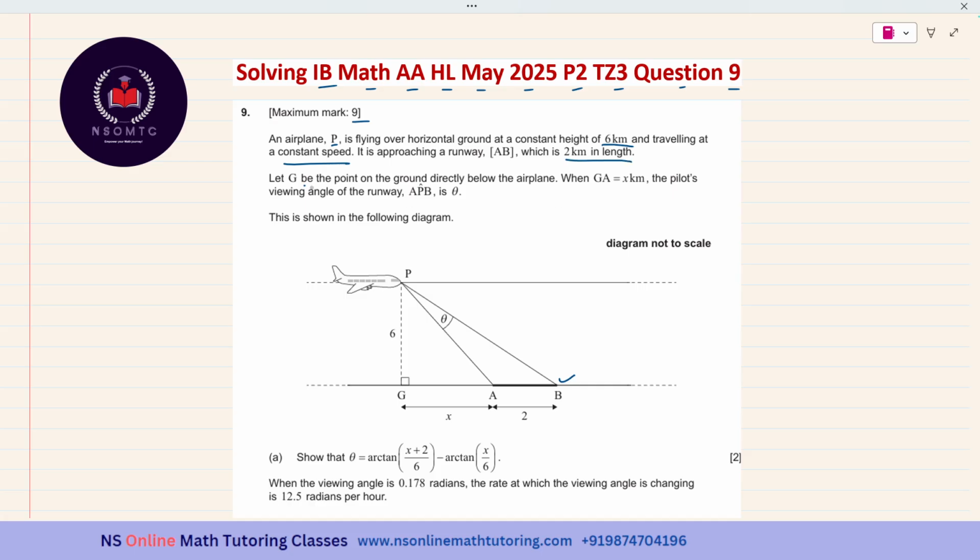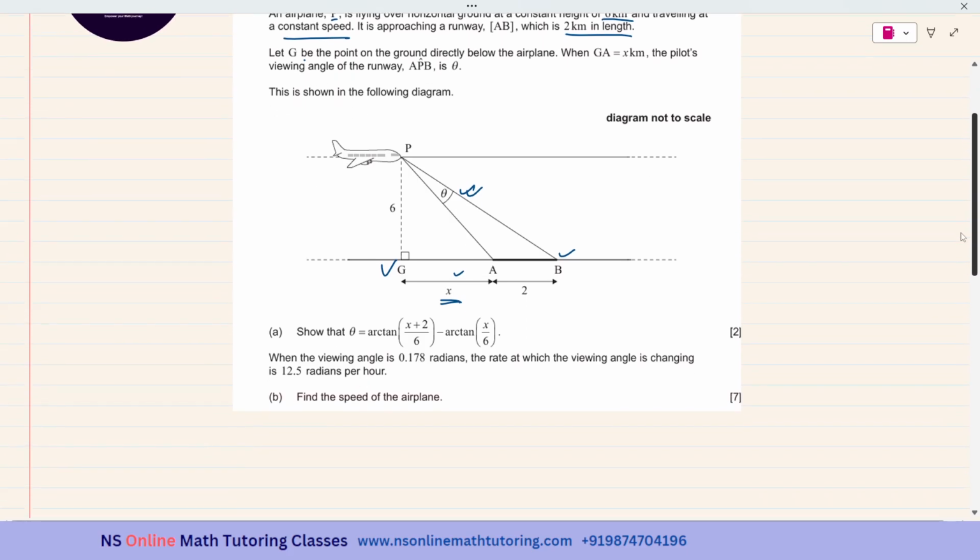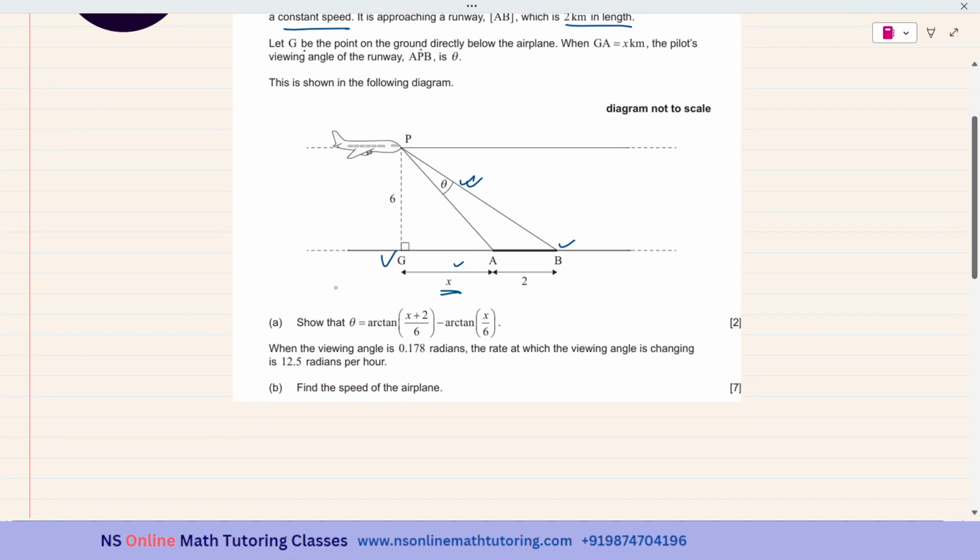Let G be the point on the ground directly below the airplane, where GA is x kilometers. The pilot's viewing angle of the runway is angle APB, which is theta. This is shown in the following diagram, which is not drawn to scale.